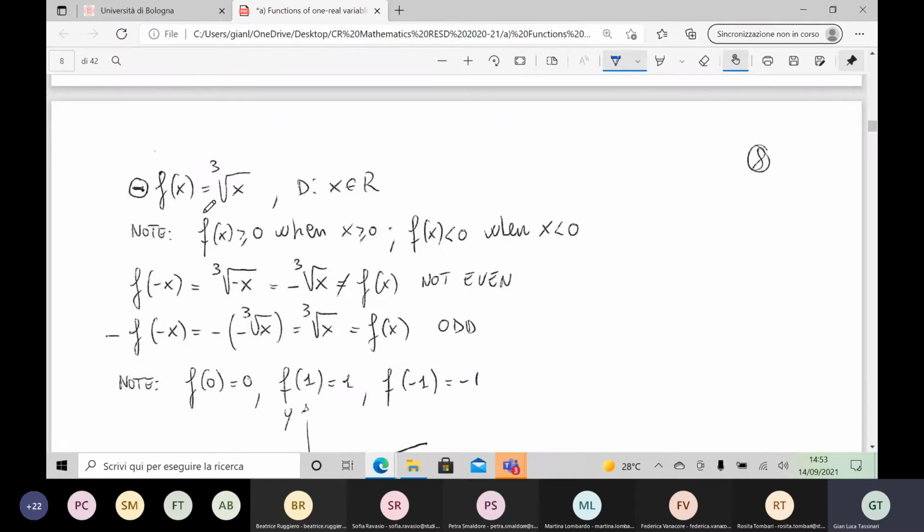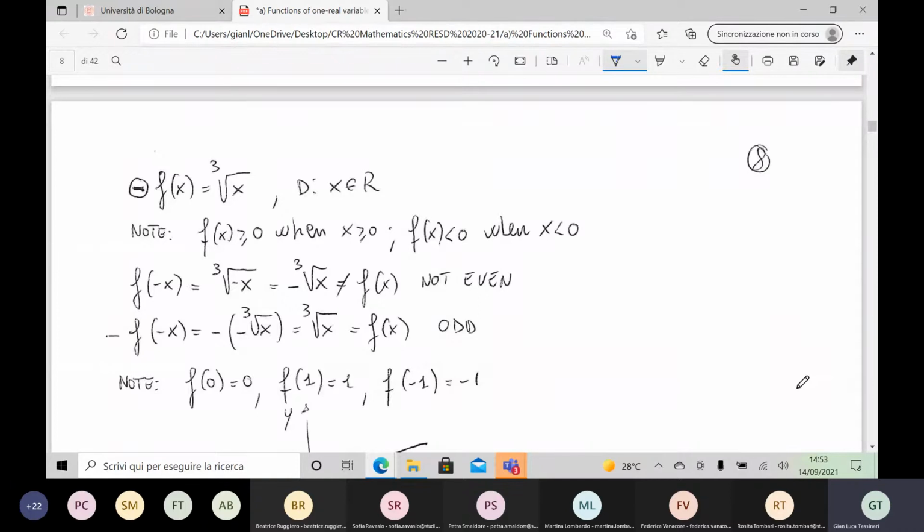So when the radicand is negative, your function is also negative. When the radicand is positive, like for example 27, the cubic root is 3. So the root is also positive. So when x is greater or equal than 0, the function is greater or equal than 0. When x is smaller than 0, the cubic root is also negative.